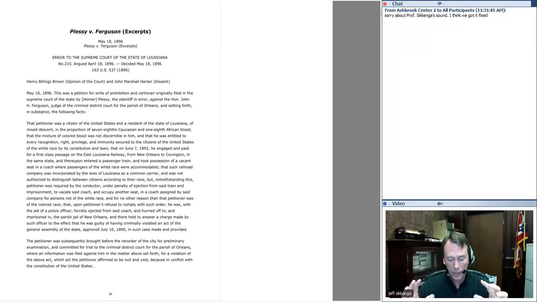And it didn't settle the problem of race in American law because I think it did not give a coherent, principled understanding of equal protection of the laws that you can take from Brown and apply to other cases after that.